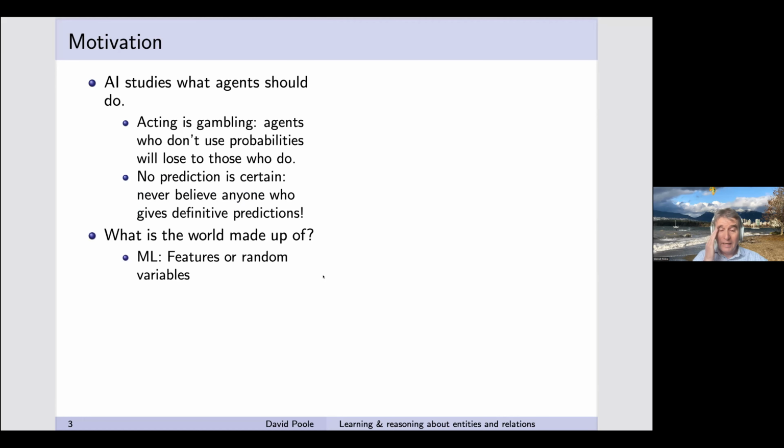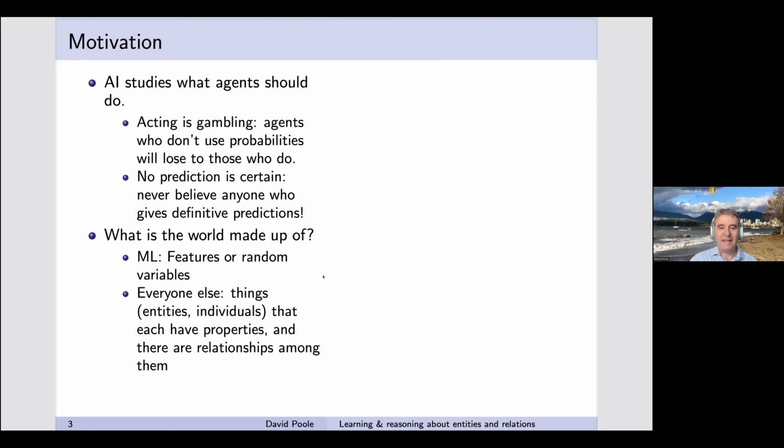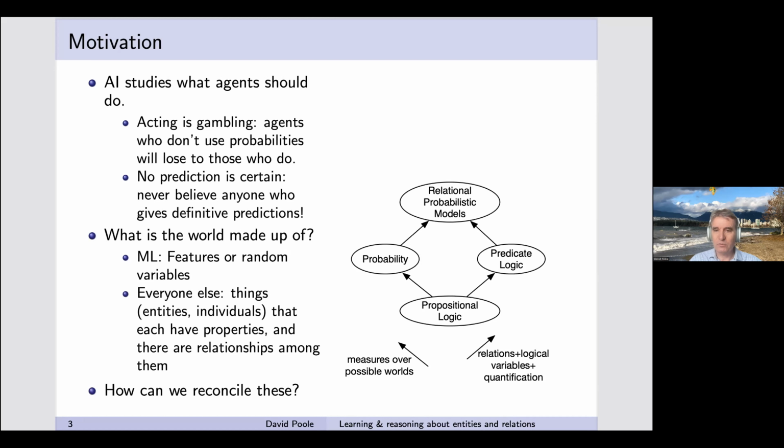If you look at what the world is made up of, the machine learning and probabilistic literature will tell you the world is made up of features or random variables. But everyone else says the world is made up of things. There are entities, there are individuals in the world, and they have properties and relationships among them. There's been talk about how to reconcile these, and one of the things we've been doing is relational probabilistic models.